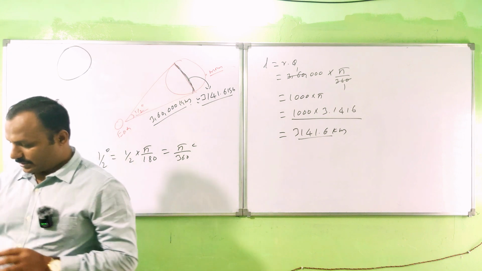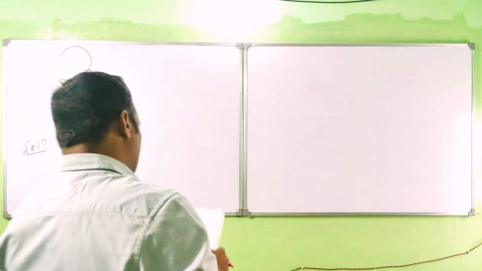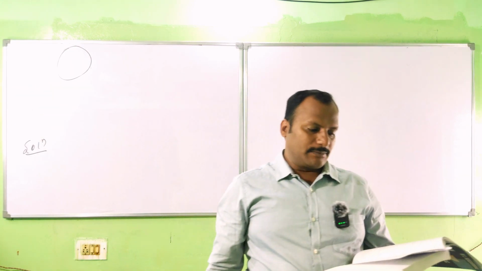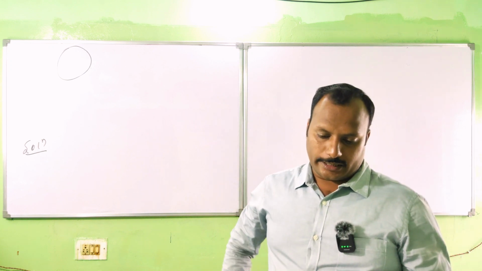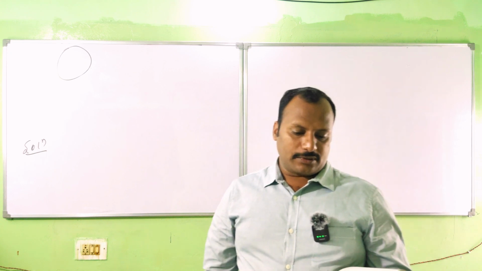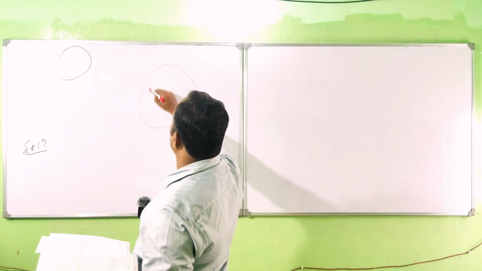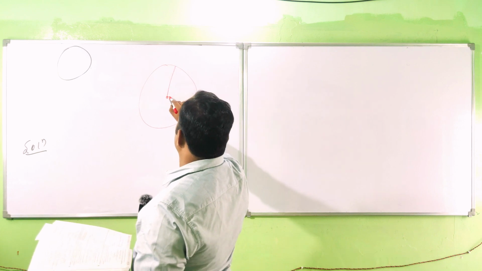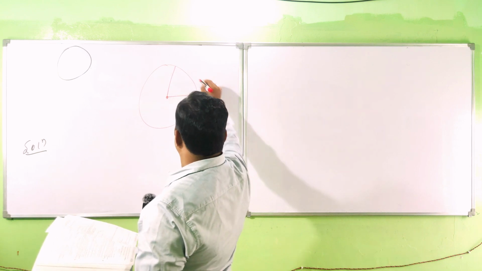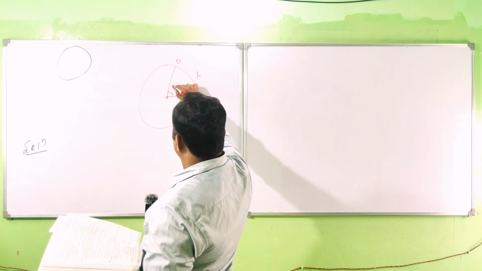Next one is quite a complex question. Let's see. A sector of a circle of radius r meters is bounded by an arc AB and two radii OA and OB at an angle beta radians. They give a circle, and the arc length between A and B is L, and the angle is beta.